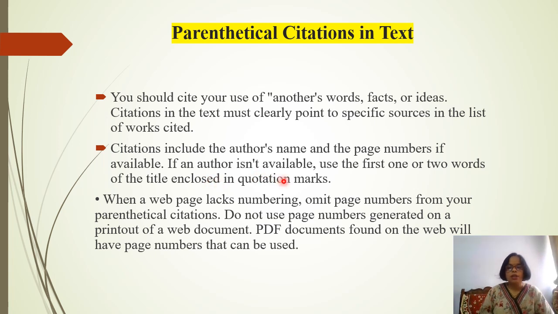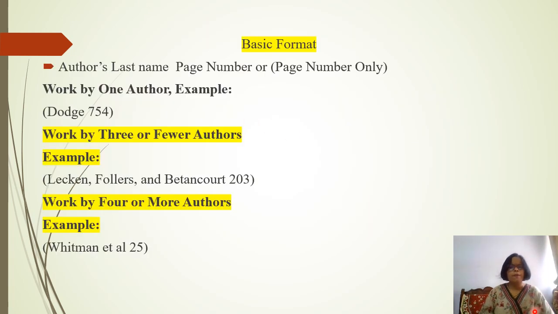If an author is not available, use the first one or two words of the title and close in quotation marks. When a web page lacks numbering, page numbers may be omitted from the parenthetical citations. Do not use page numbers generated on a printout of a web document. For PDF documents found on the web, you can use the same page numbers. All these rules are going to be the same as we have done previously.